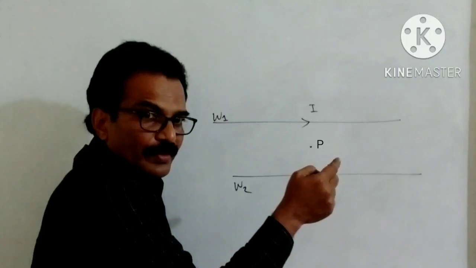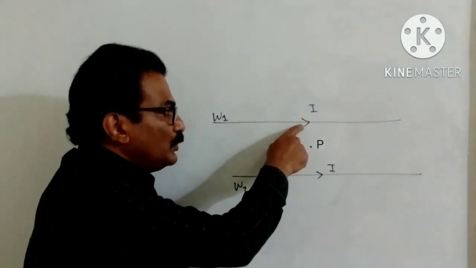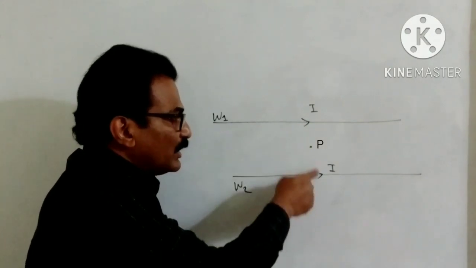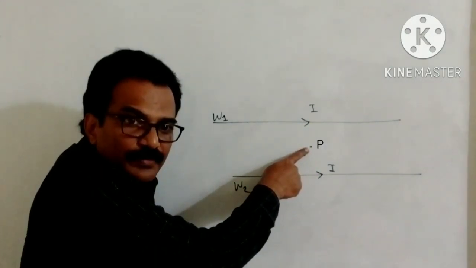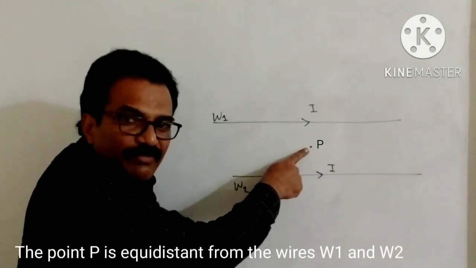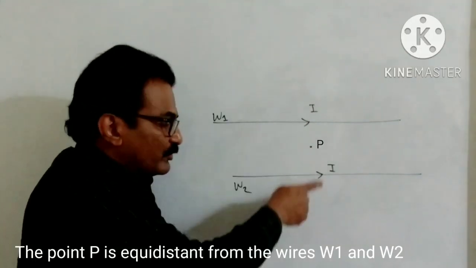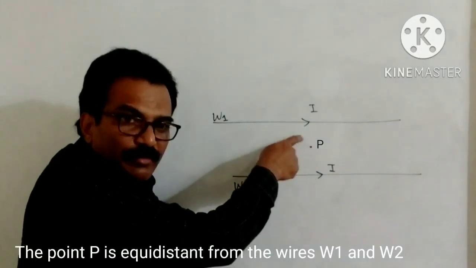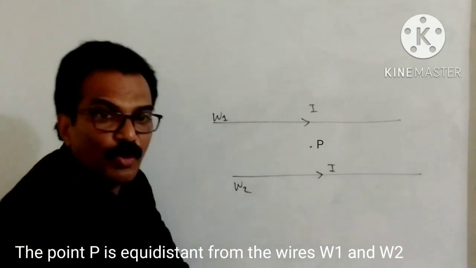Which will be the stronger magnetic field, due to this first wire or due to the second wire, at this point? Both will be the same, because magnetic field depends on current flowing. Same current is flowing, no? So the magnitude of magnetic field is the same, but they are in opposite directions.